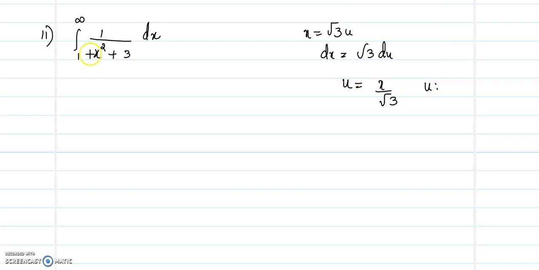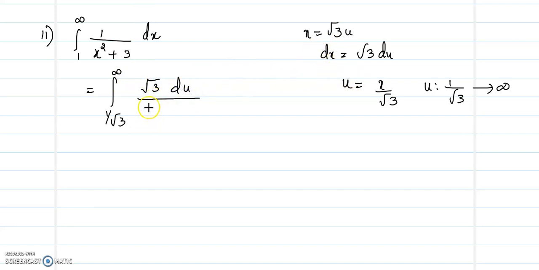As x varies from 1 to infinity, u will vary from 1 by root 3 to infinity. So this will be equal to the integral from 1 by root 3 to infinity of 1 by 3u square plus 3, with dx equal to root 3 du.